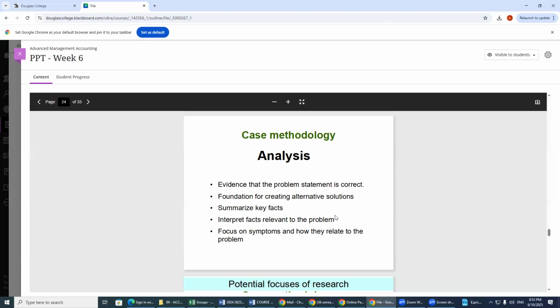What is the current situation before you go any further, before you even start to consider any options? You want to see what is available. What are the strengths? What are the weaknesses? What are the opportunities? What are the threats? You can interpret it this way.